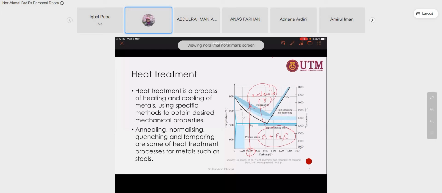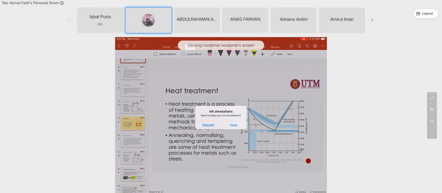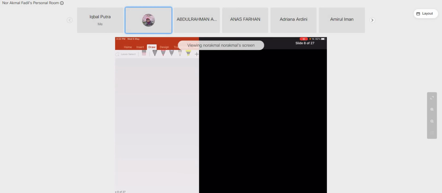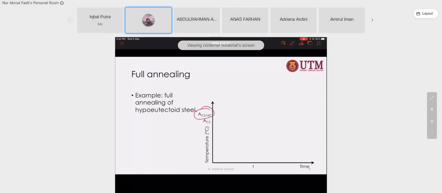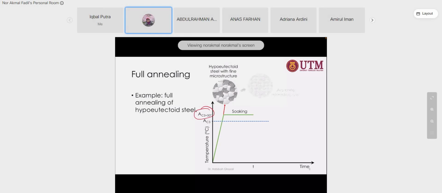That's the reason the steps involve a soaking process. So number 2, we do the soaking process to allow the phase transformation from alpha plus pearlite, or alpha plus cementite, into a microstructure of austenite.